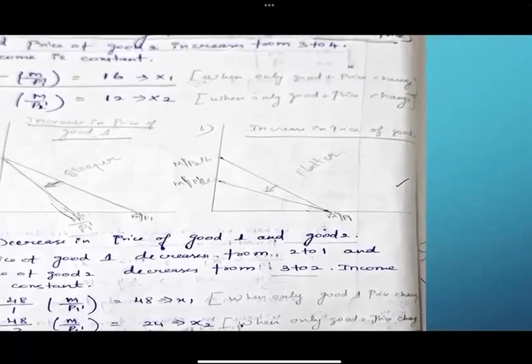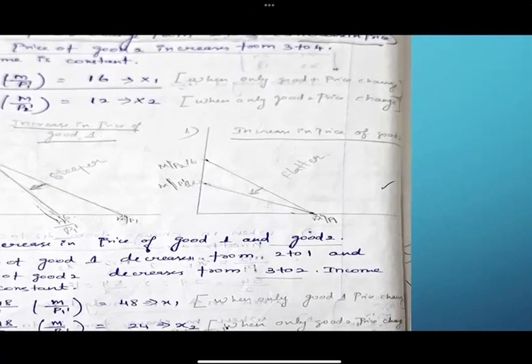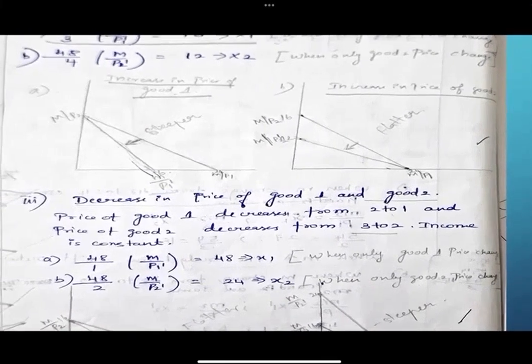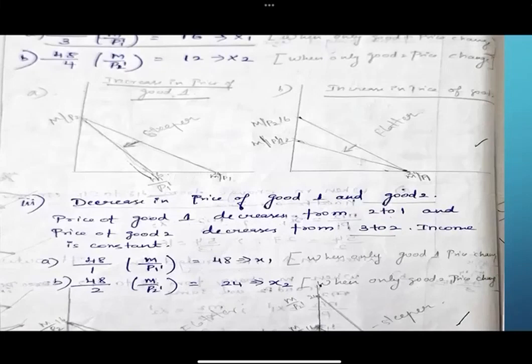Also, if the price of good 2 increases, the money you spend on good one will be constant, but you will decrease the consumption of good 2.